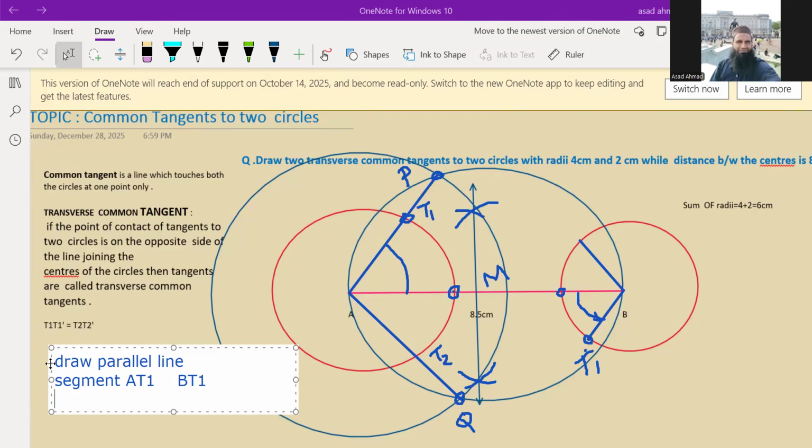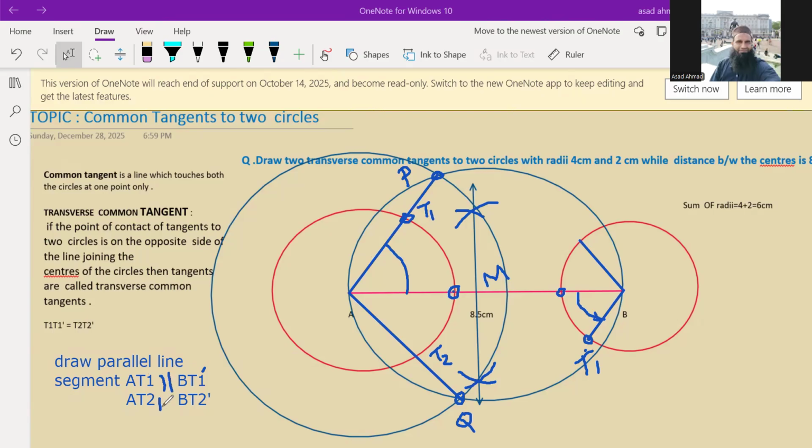And then you will draw AT2 parallel to BT2 dash. Let me place the dashes now, and the parallel line signs. So BT1 dash, and this is the sign of parallel lines, right?